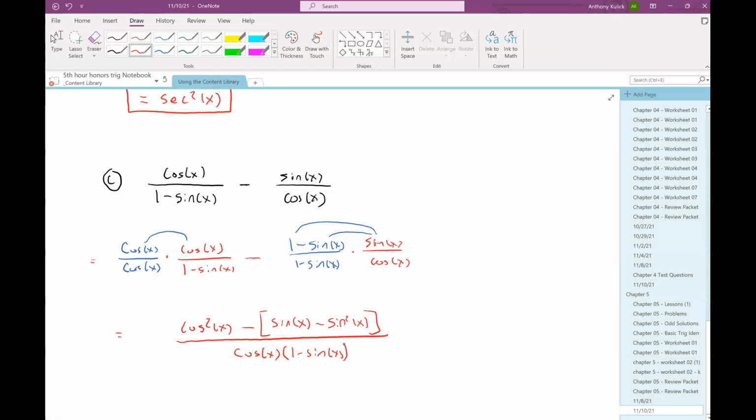That's the reason why I'm not going to bother factoring the denominator or distributing out the denominator, because if I want to reduce later on, I would just have to factor it back anyway. So let's just leave it factored. You know what I mean? Everybody's okay with what I did here?